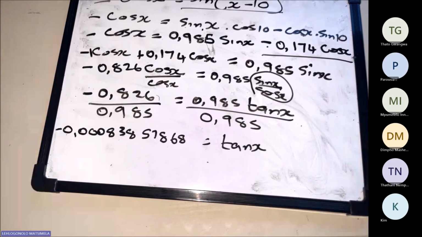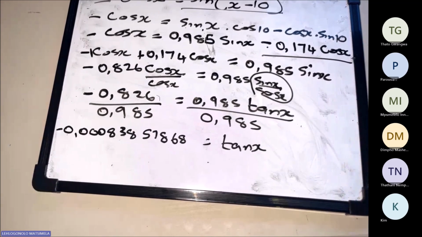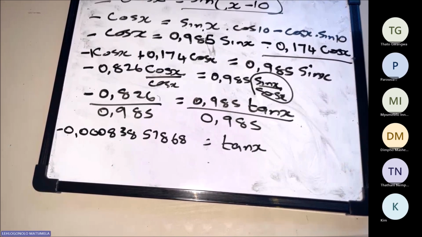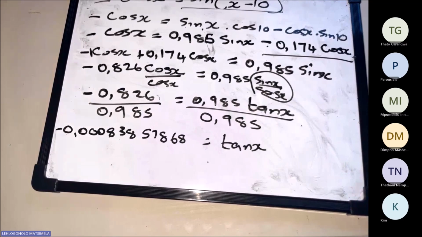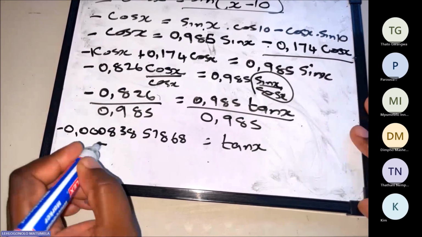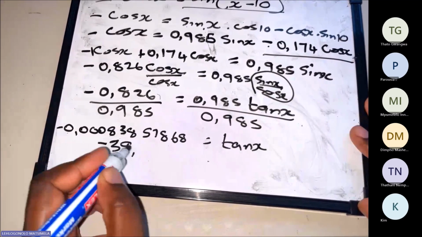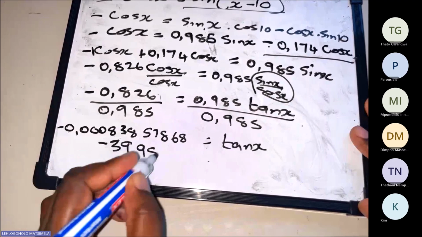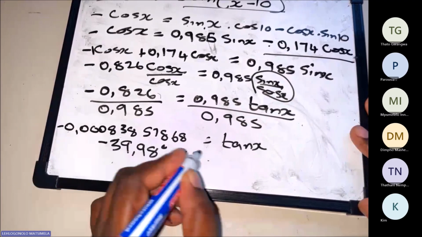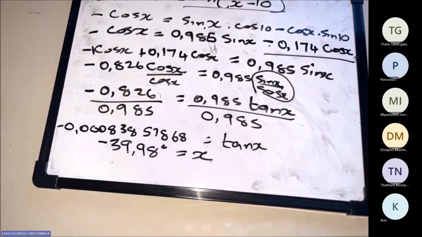Sorry, it's negative 0.25... 0.9. Then it's going to give me something like negative 39.98 to 2 decimal places, since it's the final answer. This is what it gives me on my calculations.